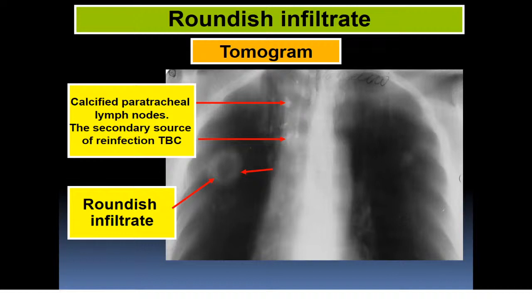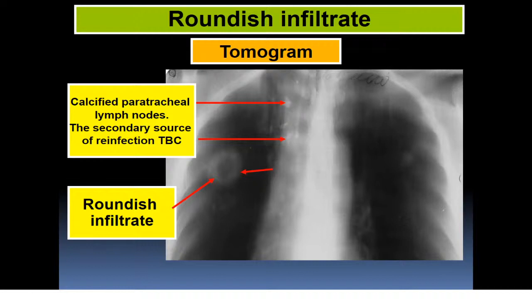On this tomogram, we can see a roundish infiltrate also, without clear contours and with lightening inside. This is a rounded infiltrate in the stage of destruction.